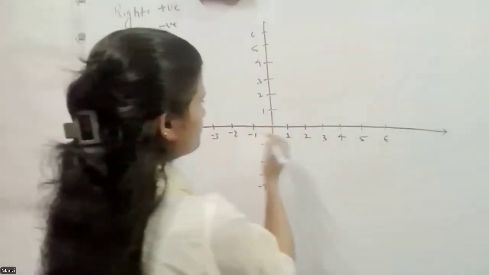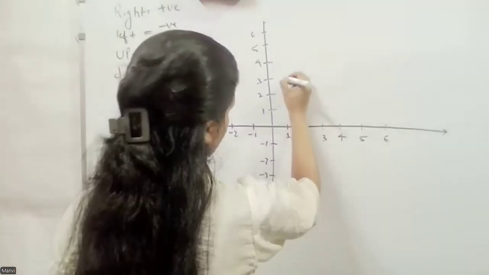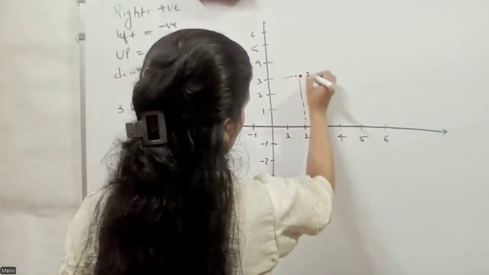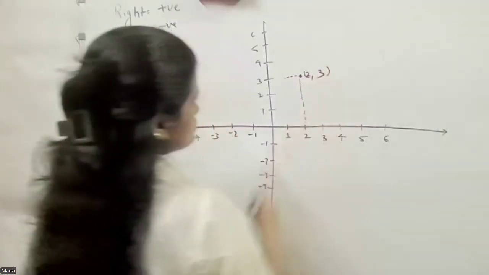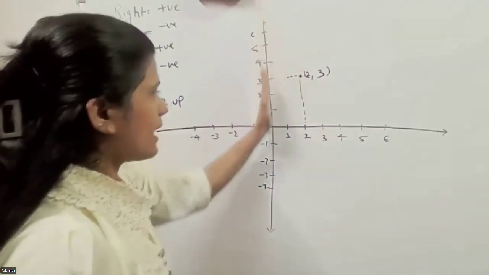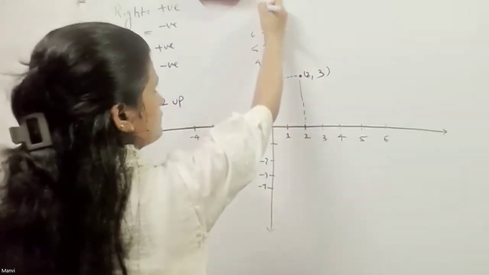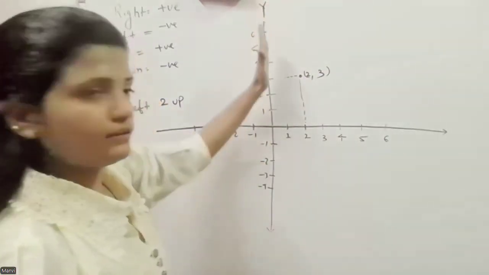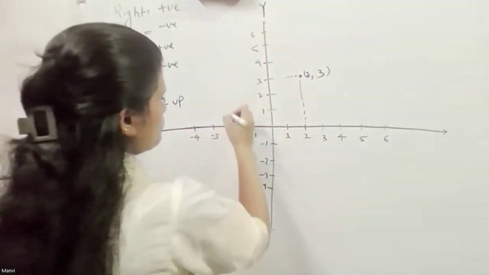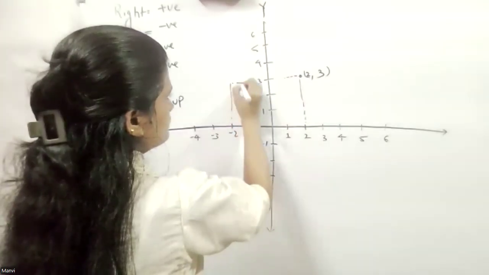Okay, so if one point lies here, 2, 3. So if I say this point is reflected in the y-axis, okay? Kavya, do you agree that this point must lie here? Yeah.